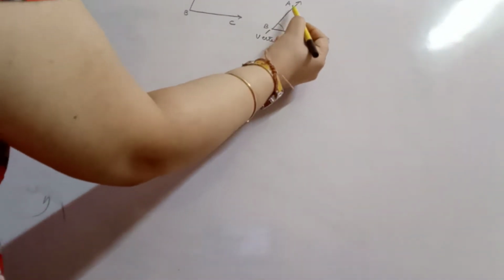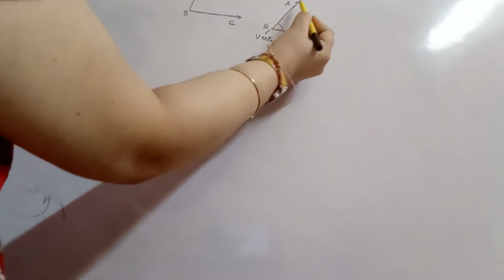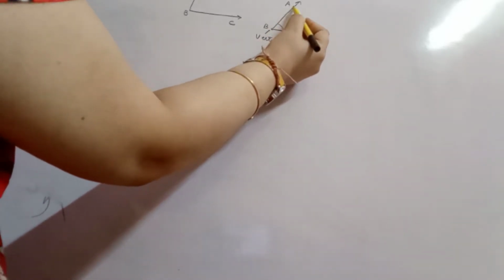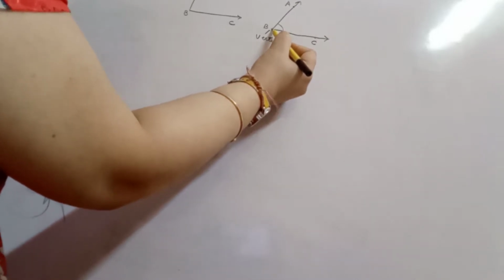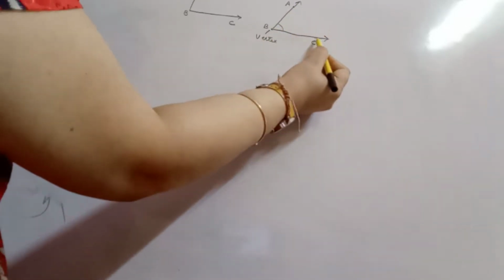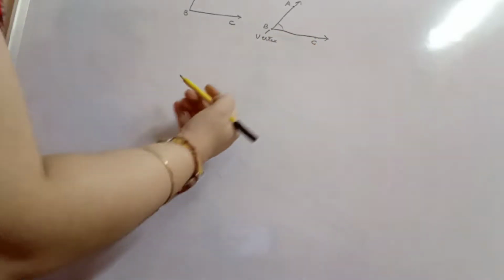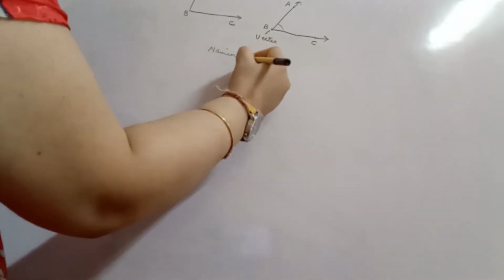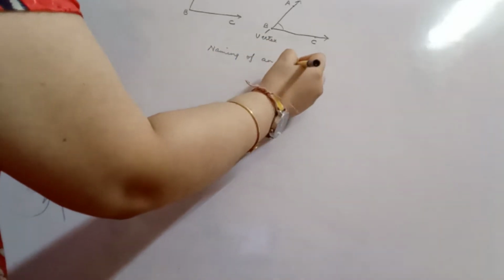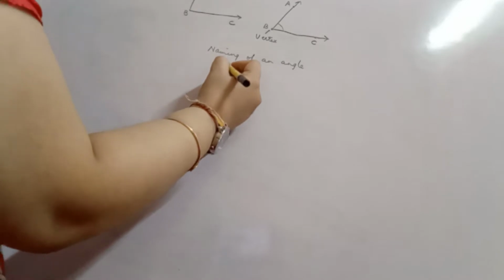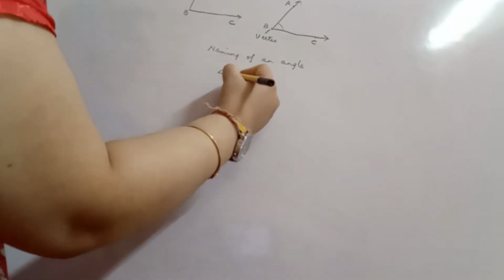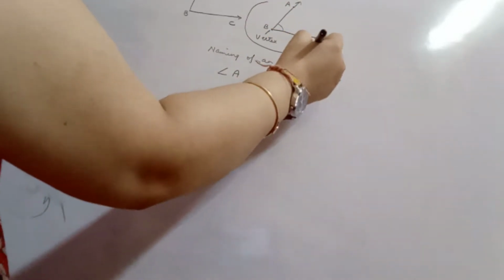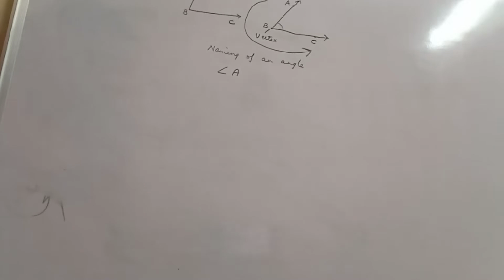Since you have two rays, there will be 2 points on one ray, A and B, and then B and C. While naming an angle, starting from A, I am going anti-clockwise.